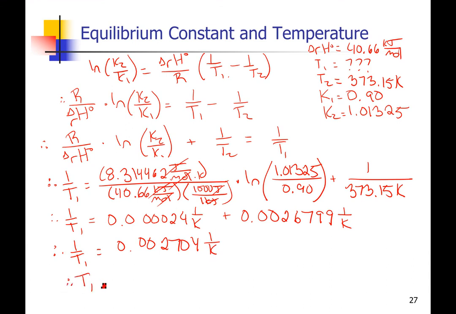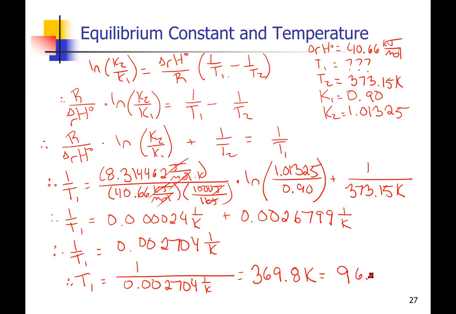And therefore, T1 is equal to 1 over 0.002704 inverse Kelvin, which is equal to 369.8 Kelvin, or 96.7 degrees Celsius.